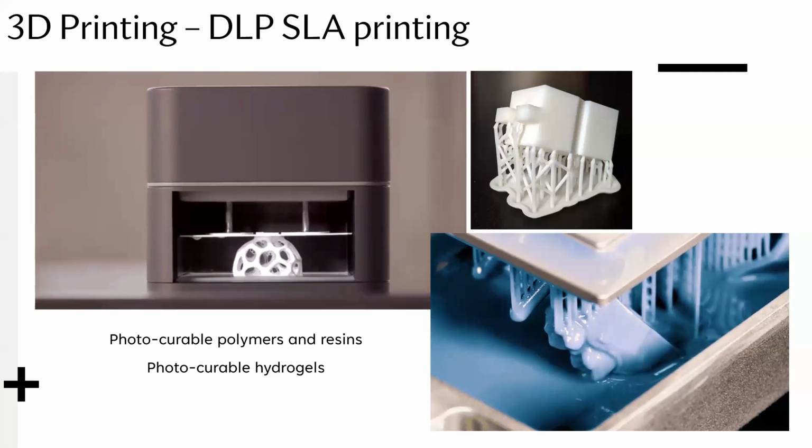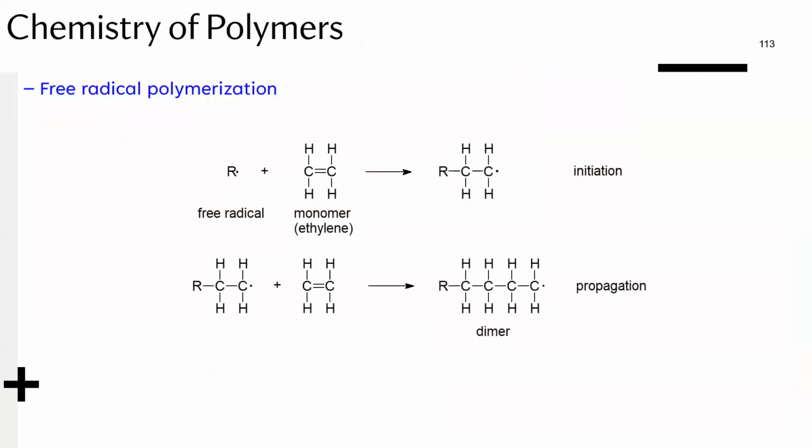Well, this is how. You remember from free radical polymerization that the way these materials polymerize is that you have a radical molecule that hits your monomer. The monomer double bond breaks into a single bond, and therefore it extends with that radical.